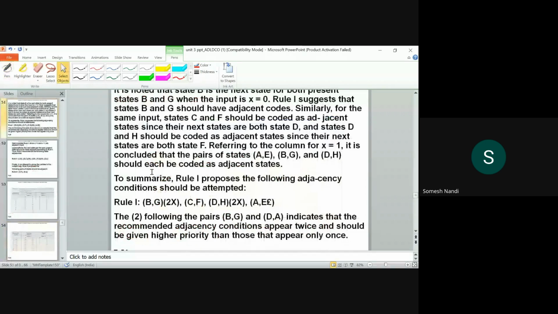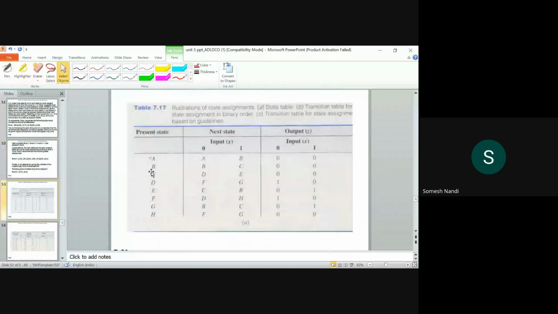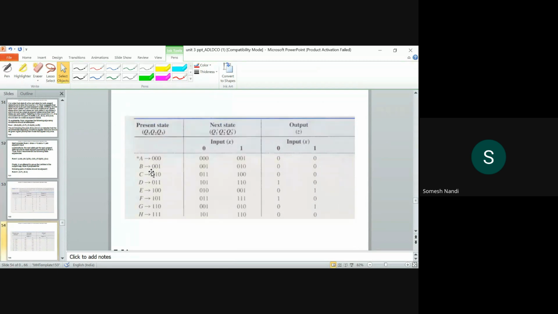Now, that is what I have put here for your reference. You all can see. Then, if you just see this, you have one table, the state assignment map for the state table of Table 7.17a. Before we go to that, look here. You have this assignment.